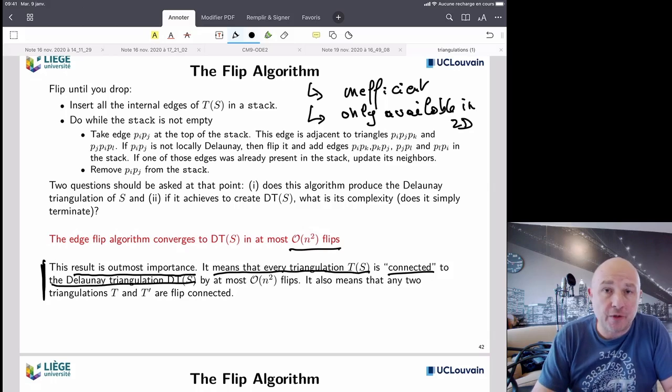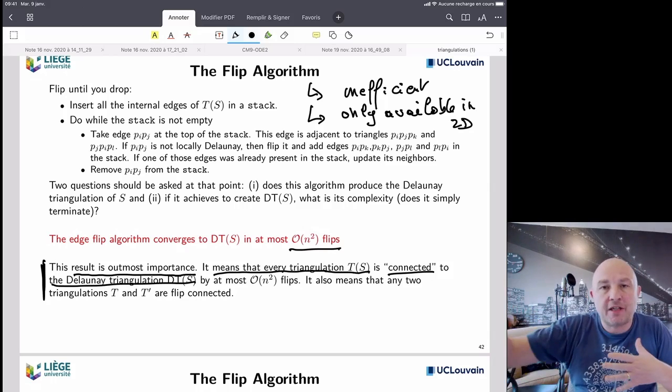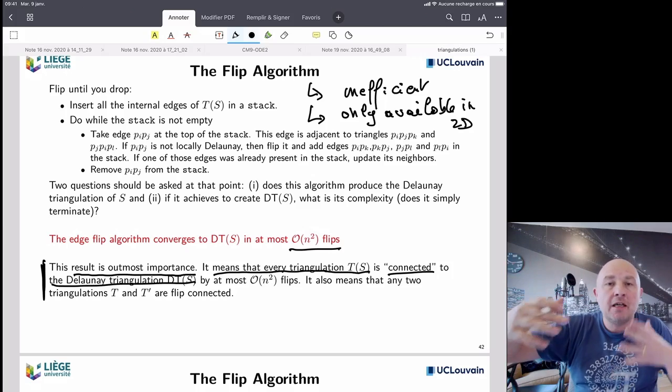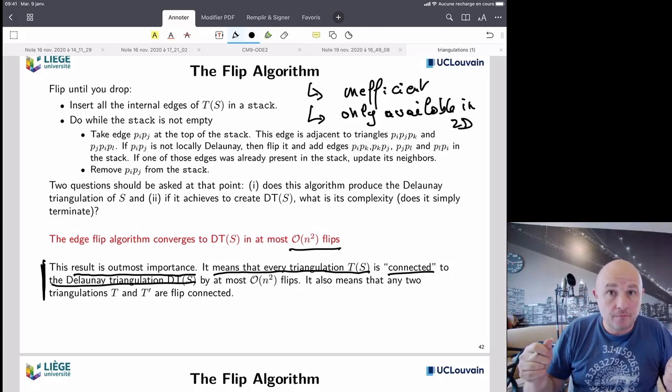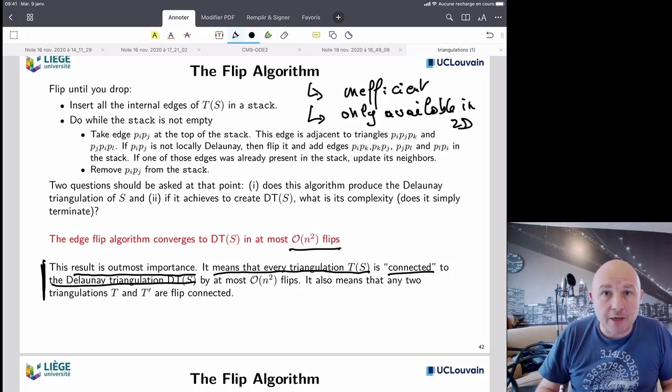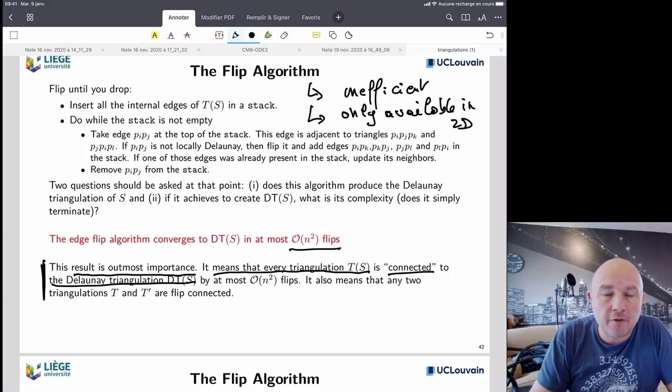A nice open problem in computational geometry is the following: triangulation in 3D, meaning tetrahedrization. The extension of a triangulation to 3D is that you have a set of points in 3D and you connect them by tetrahedra. The question I could ask you is: are all tetrahedrizations flip connected? You can flip edges also in 3D.